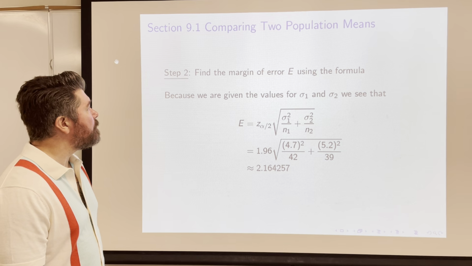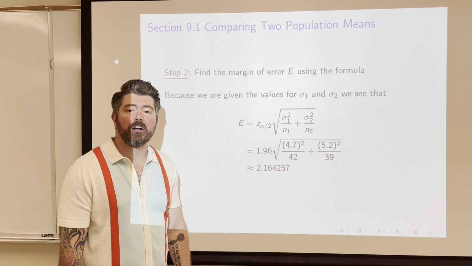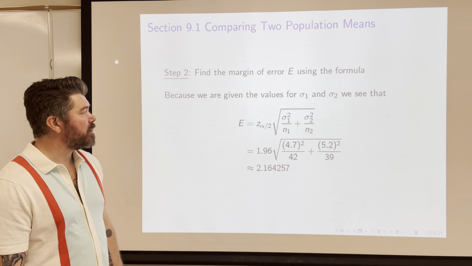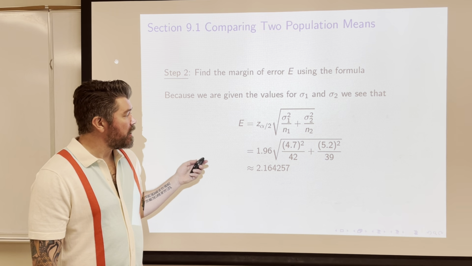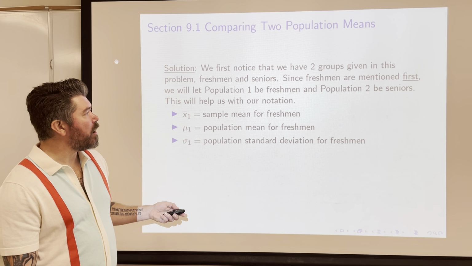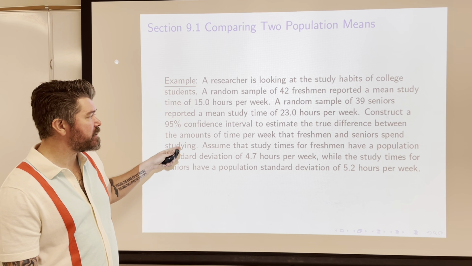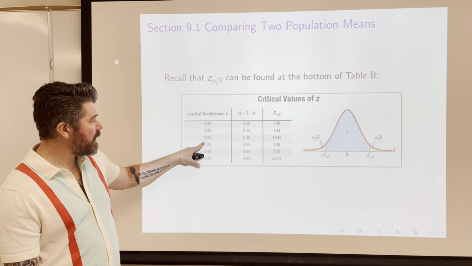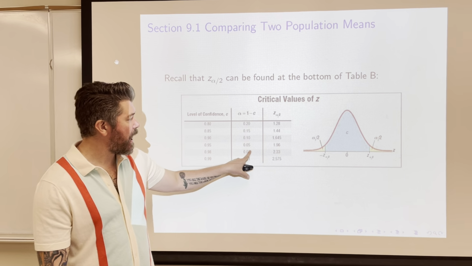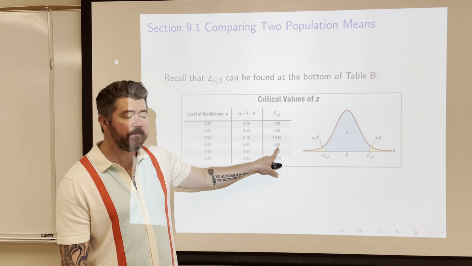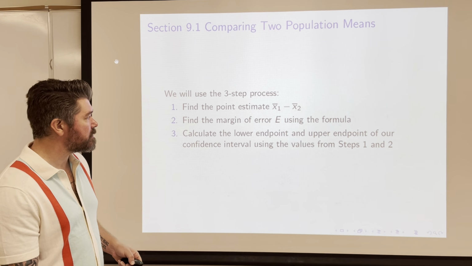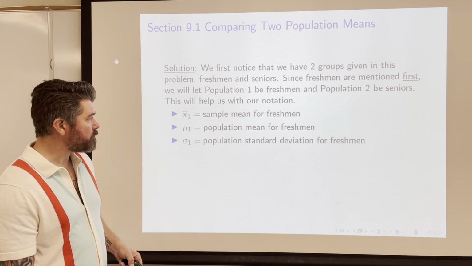Our second step, we want to find the margin of error using the formula. In the problem, we are asked for a 95% confidence interval. If we look at our table B, 95% represents a z-value of 1.96. So that's where this value is coming from.